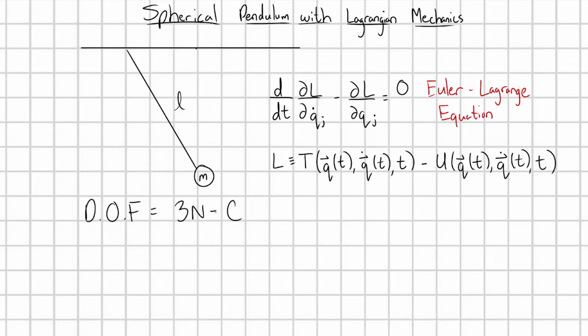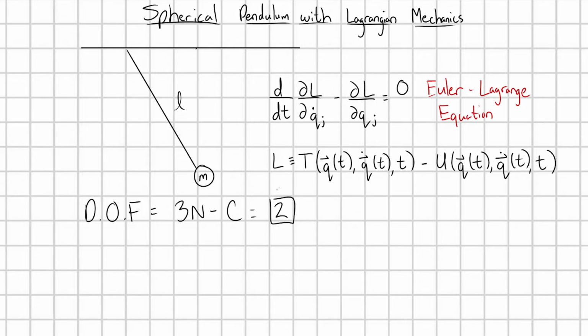How many constraints do we have? Well, we just have one constraint here. This rod is at some fixed length L. And of course we have one particle, so 3 minus 1 is just equal to 2. So we have 2 degrees of freedom for this system. That means we need 2 independent coordinates in order to describe the motion of this pendulum.